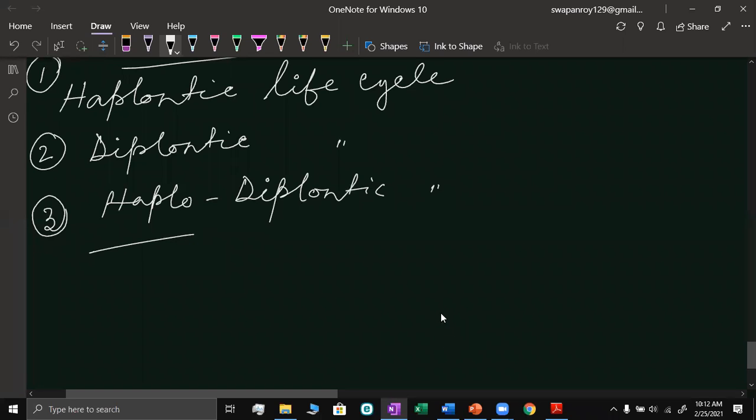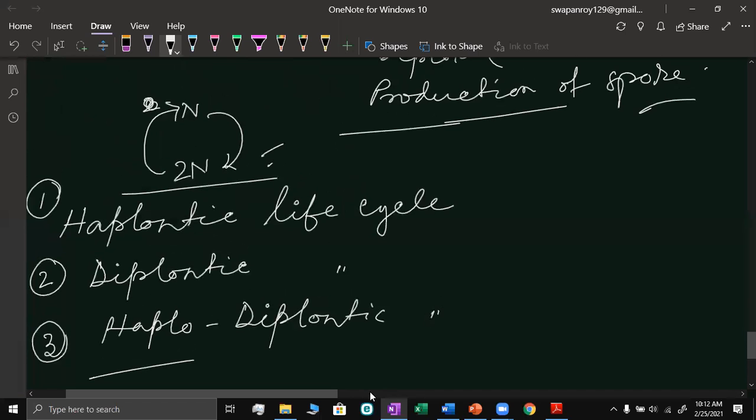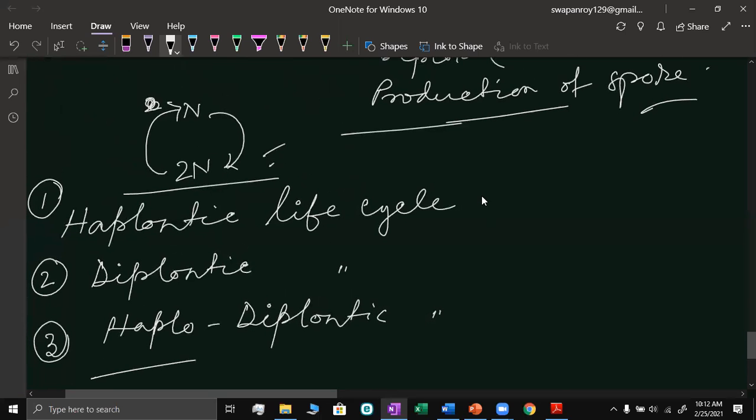So what happens in the haplontic type of life cycle, the haploid phase or gametophytic generation is predominant.